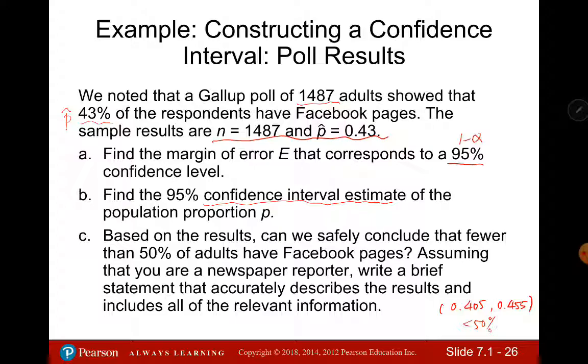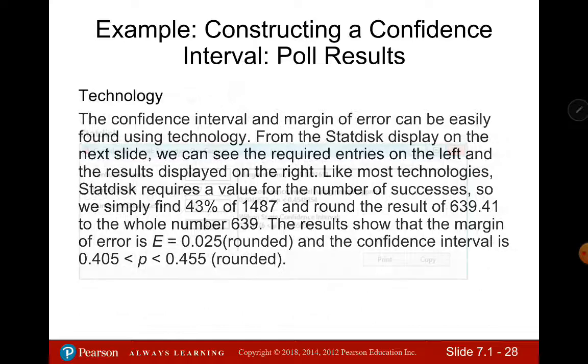And we know the whole interval is below 50%. So we can say yes, we can safely conclude fewer than 50%, because the whole interval is below 50%. So we can safely conclude fewer than 50% of the adults have Facebook pages. That's our conclusion. Let's check it together.